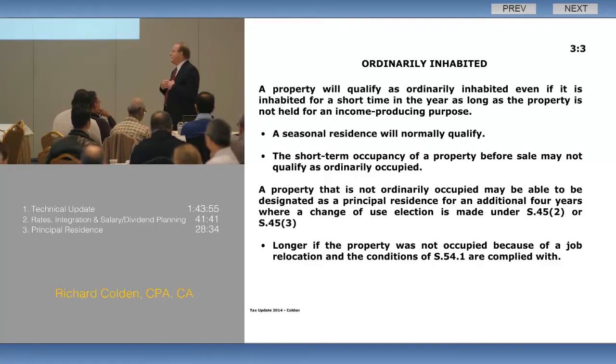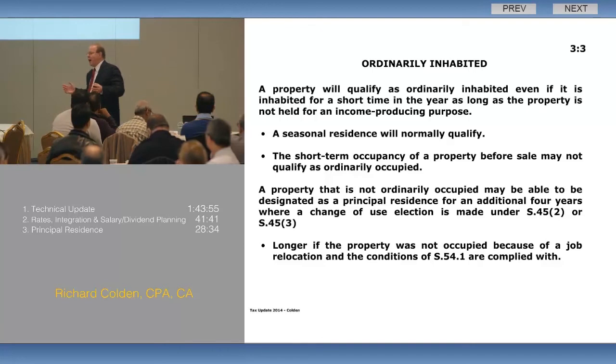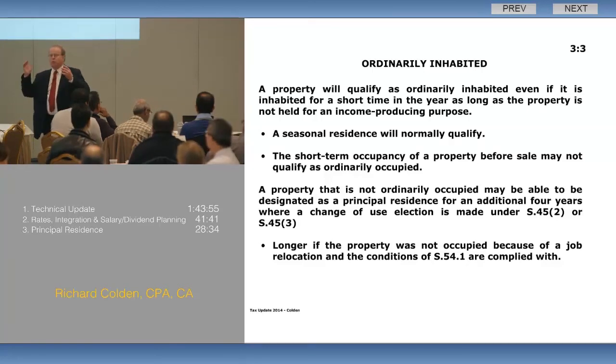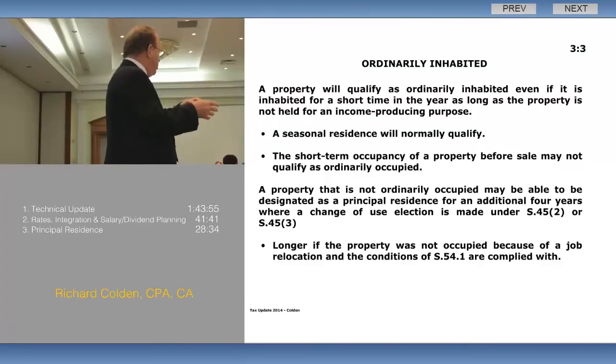Now, in some cases, you can get extensions on the time you can designate a property as a principal residence, even though you are not living in the property. I got transferred to Moose Jaw, and I rented my house. When I started to rent the house, there was a change of use. When there's a change of use of a property from personal use to income producing, there's a deemed disposition at market value.